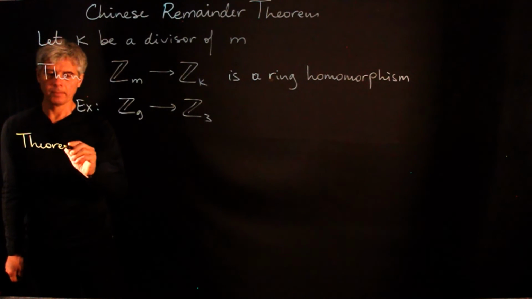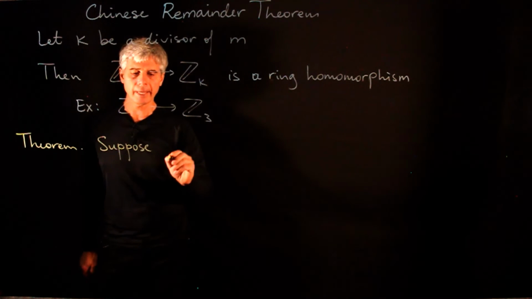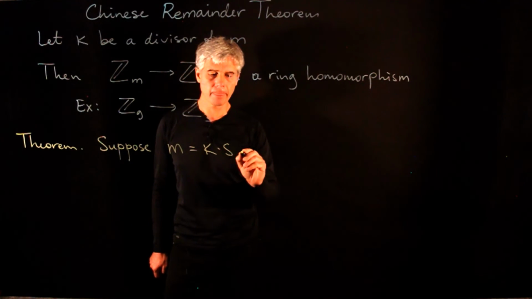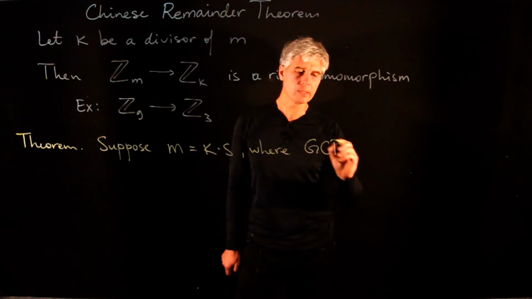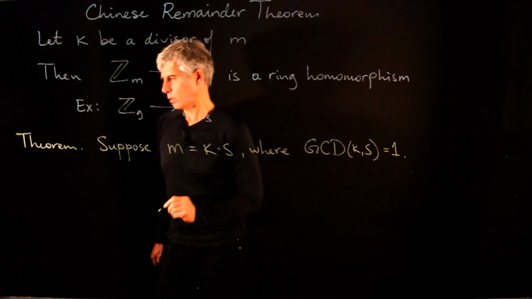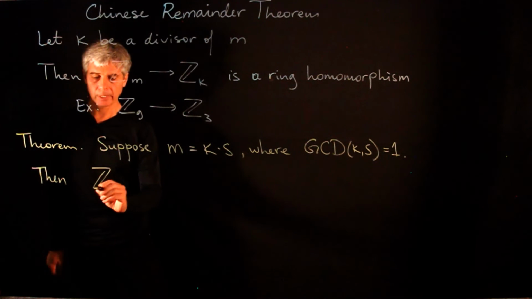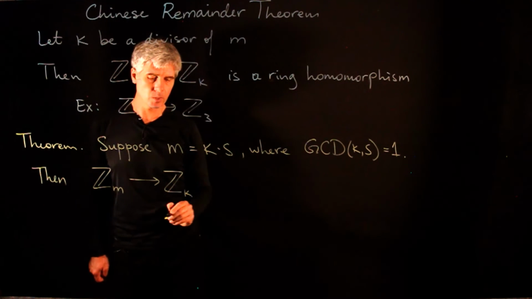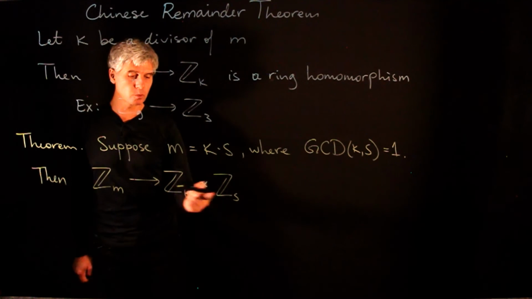Suppose M is equal to K times S, where these two factors are co-prime, so GCD of K and S is equal to 1. Then we have the following map. We can take Zm and reduce things mod K, or reduce things mod S. Now we can do a double reduction.